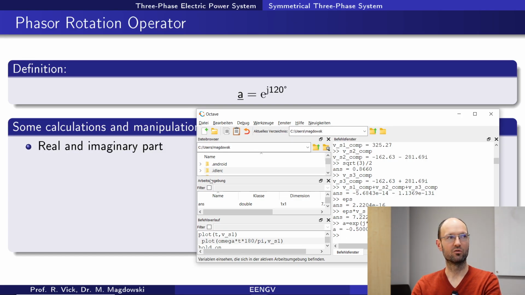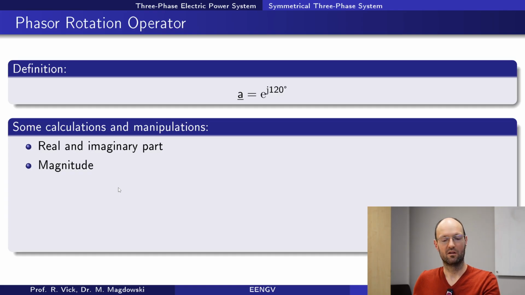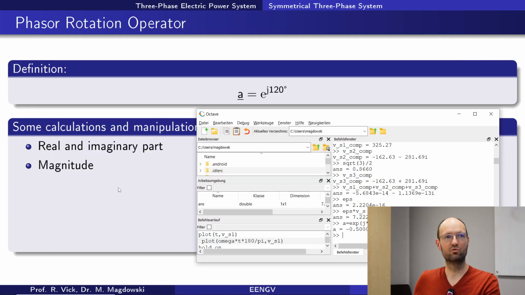Okay, so this is the phase rotation operator as real and imaginary part. So what should be the magnitude of this complex exponential function? The square root of 2?